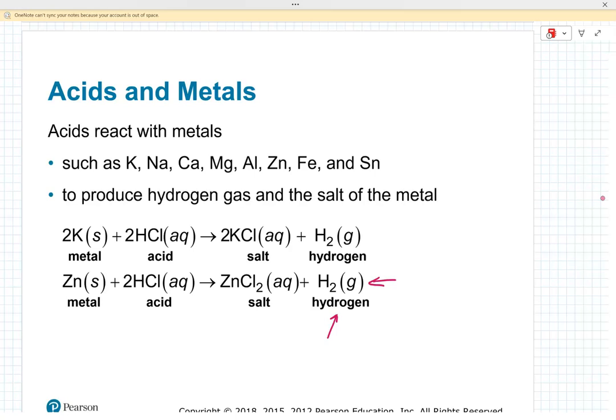It will bubble and evacuate from the tube, leaving behind a salt, zinc chloride. One of the conventions, and you may encounter it later, is that if we say zinc chloride, we can say that it's a salt of hydrochloric acid.